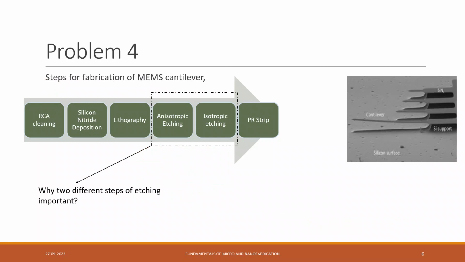We first had an anisotropic etch, and then isotropic etching was done, followed by stripping of the PR, the photoresist. You have to tell why two etching steps were done here, and what is the importance of it.